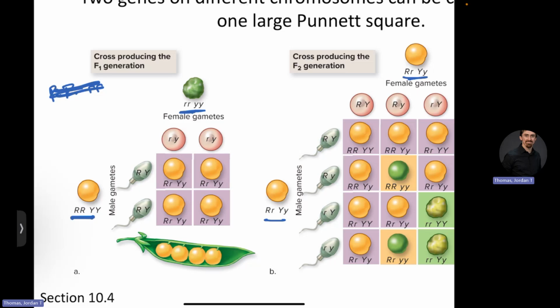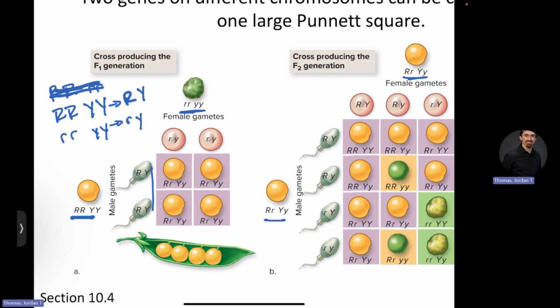So I'm going to scratch this out. We have big R with big Y, and little r, little y. So the top parent can only donate a big R and only donate a big Y. And the bottom one can only donate little r and little y.